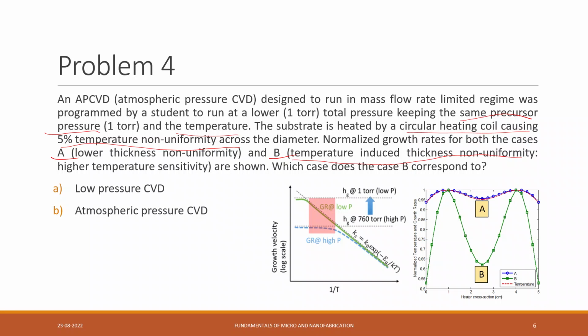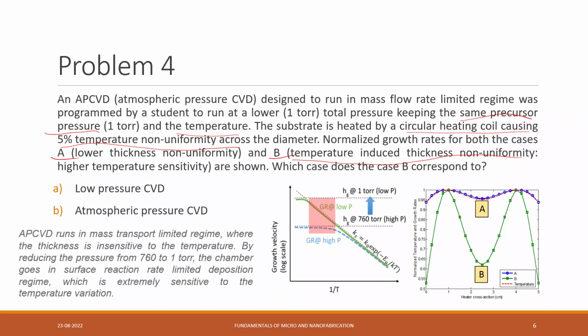Okay, so let's go to the solution. We can see that in the B condition, this is the normalized graph. The red line is the temperature. There is some change with the temperature, while in A it's not there.